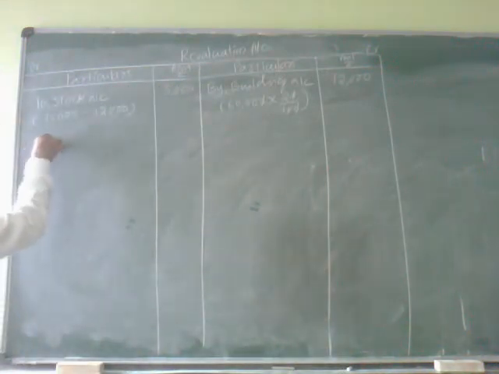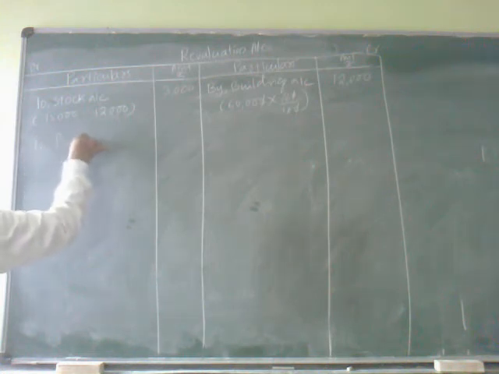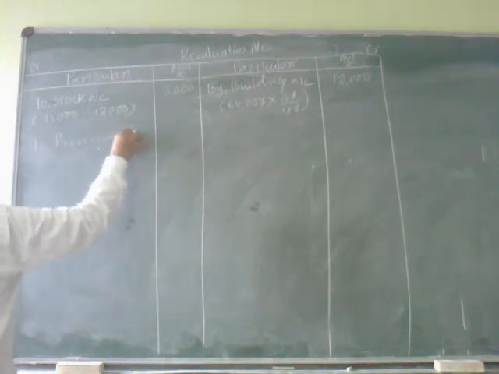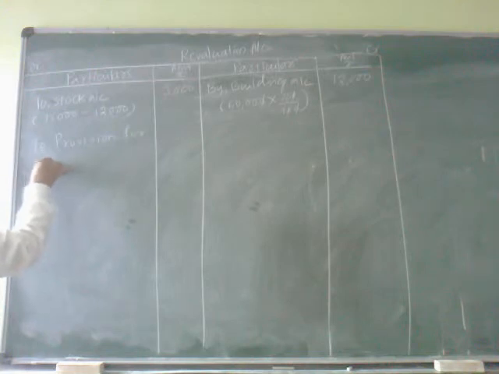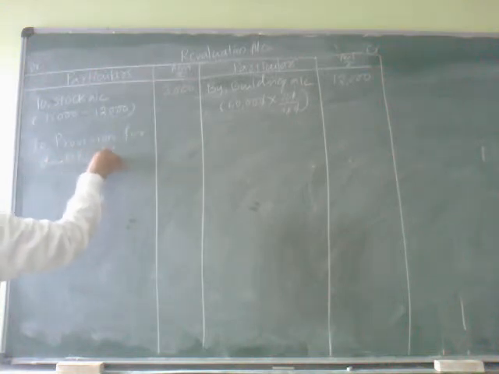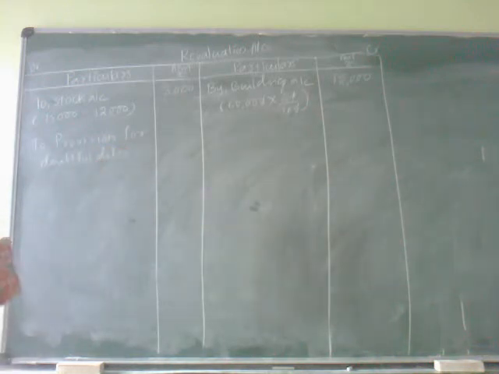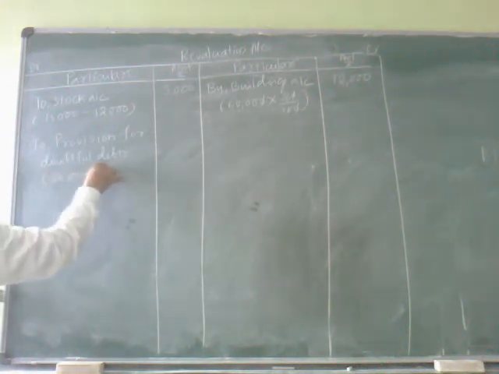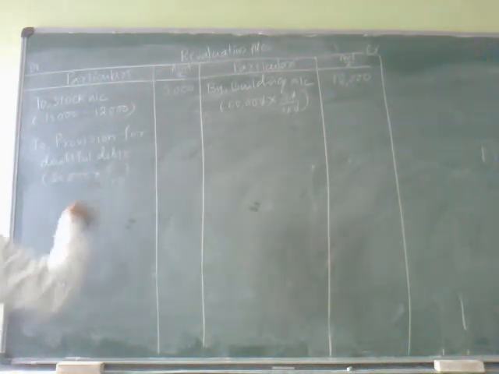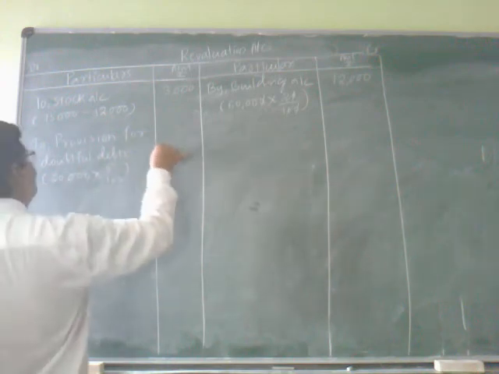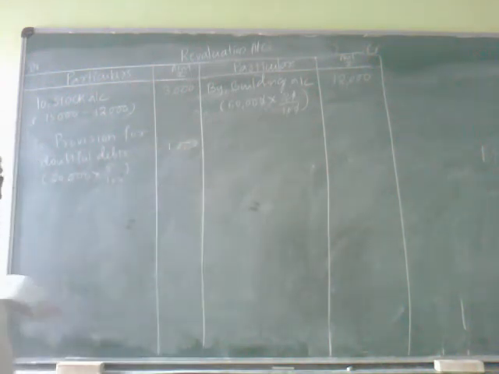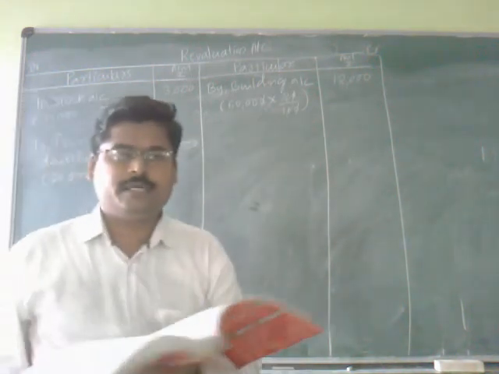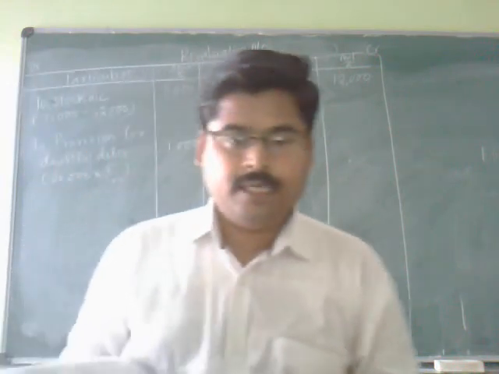To provision for doubtful debts, 20,000 into 5 divided by 100, 1,000 will be the provision for doubtful debts. This is condition number C.